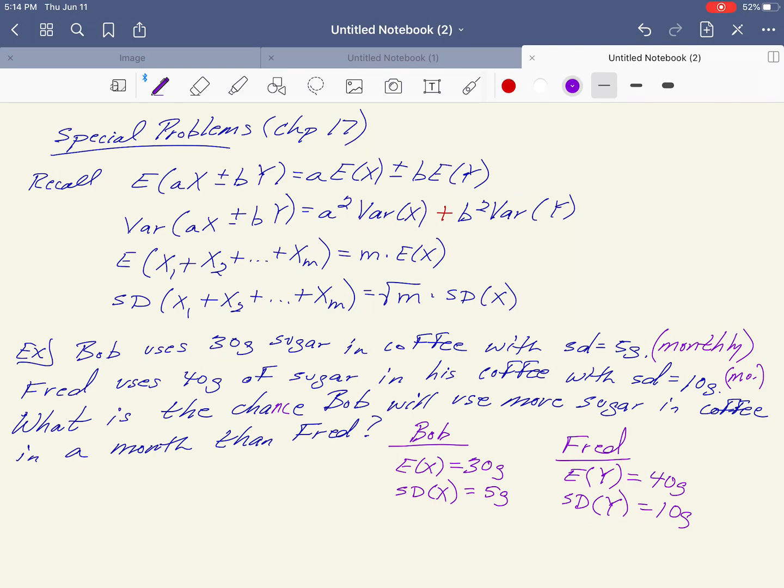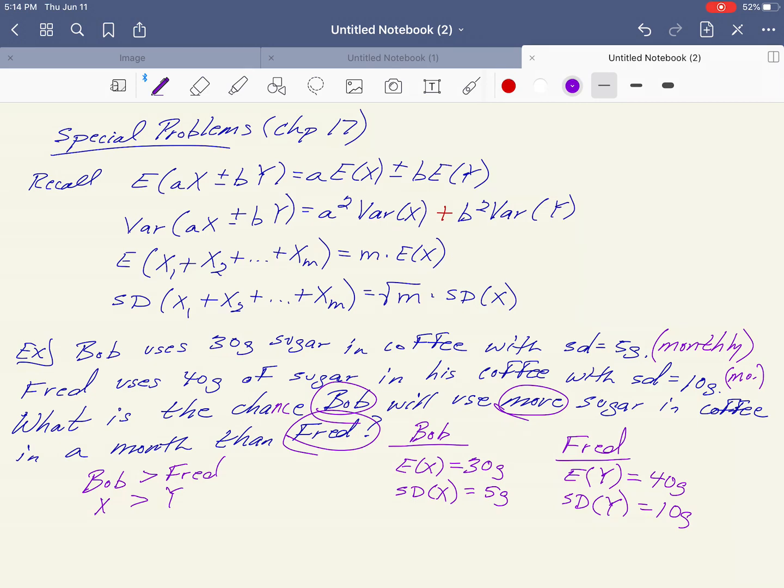And just like before, really the trick here is to consider the comparison, just like we did last time, where you say to yourself, okay, what am I looking for? Bob using more than Fred, and then you work to find what the combination would be that matches it. So Bob greater than Fred. Now let's use X and Y so it looks a little more math alike.